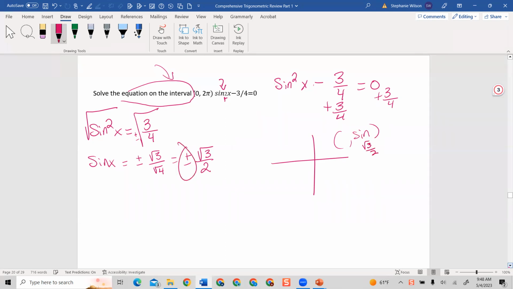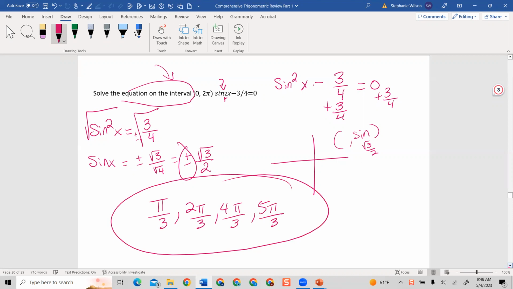Why do I say that? It's because it said plus or minus, right? So we want to get all values. And when I do that, I notice that I get pi thirds, 2 pi thirds, 4 pi thirds, and 5 pi thirds. And I found all the intervals within 0 to 2 pi.